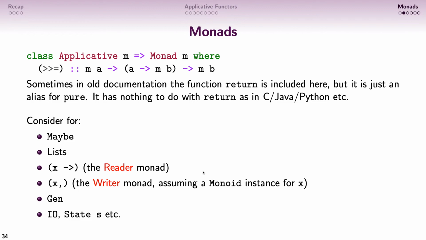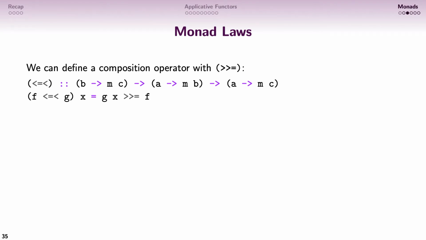So what are the laws that monads need to satisfy? Let's just define the special composition operator for functions. It's essentially the type of the composition operator, B to C, A to B, A to C, right? It's the same as composition, except each of these functions returns an M of C or M of B, where M is a monad, right?